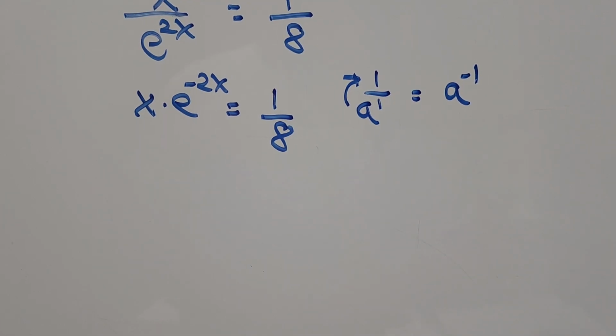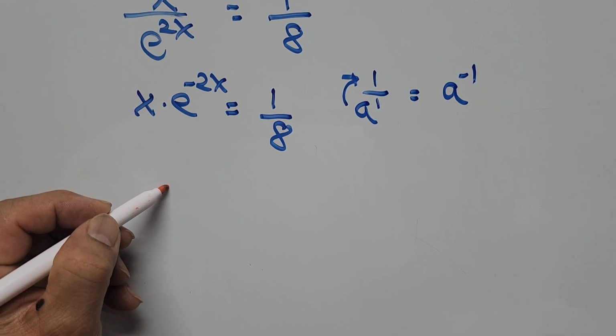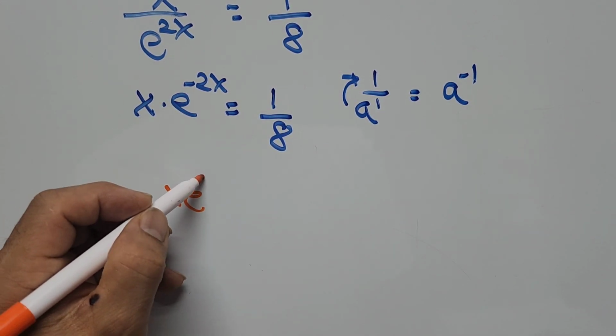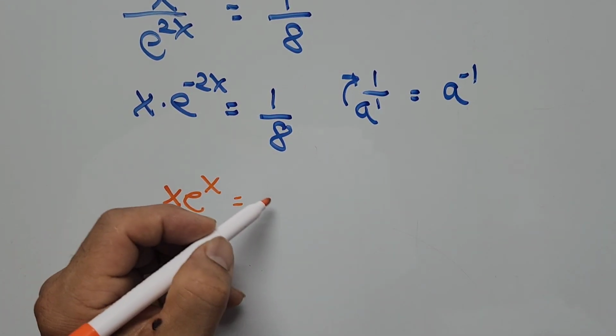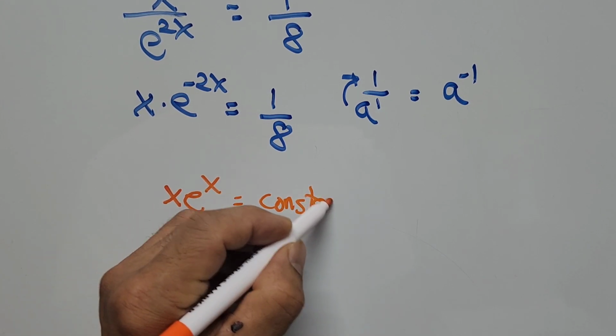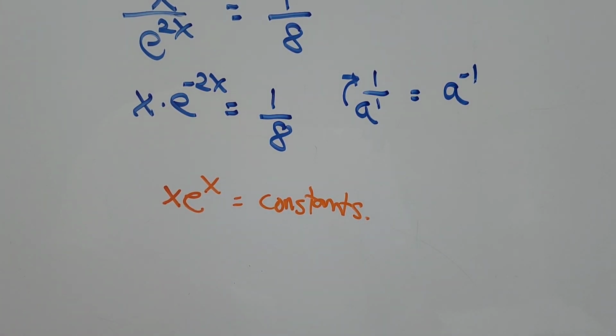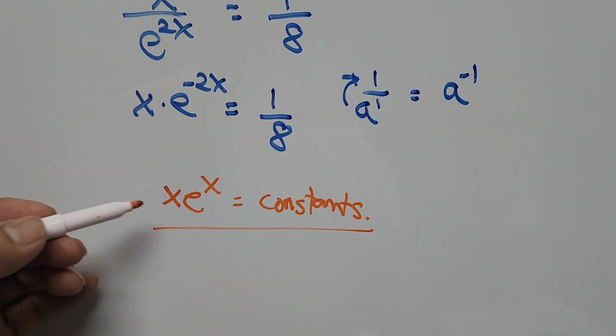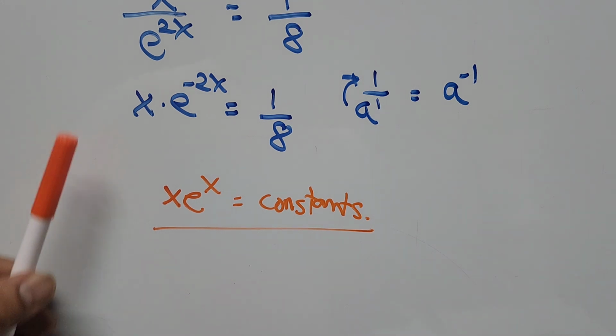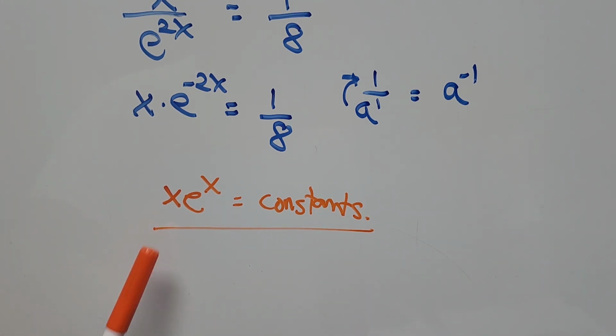So now we need a formula for the Lambert W function. Let's introduce the format of an equation so we can start using the Lambert W function. Let's say we have x times e to the power of x is equal to some constant. All right, so this is the format that we're going to target, or at least manipulate our equation to this format, so we can use the Lambert W function.